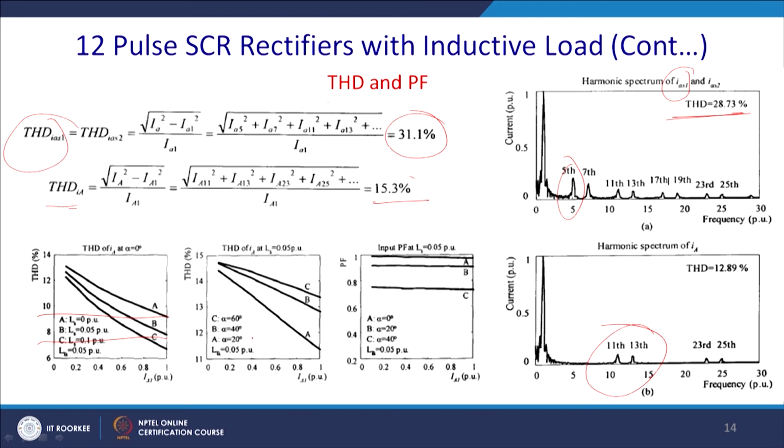For alpha 60 degree, this is the case. Thereafter alpha 40 degree, this is the case, and alpha 20 degree, this is the case, these are the drooping characteristics, and you get around 11% THD. For alpha 40 degree, you get around 13% THD, and for alpha 60 degree you get around 13.5% THD.